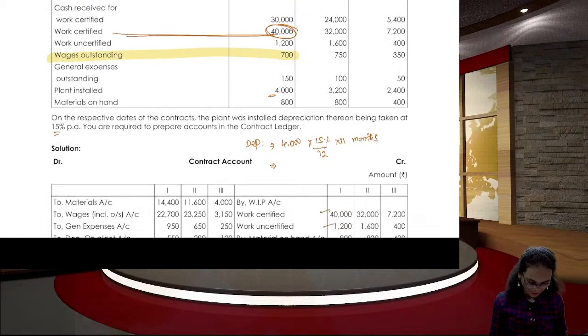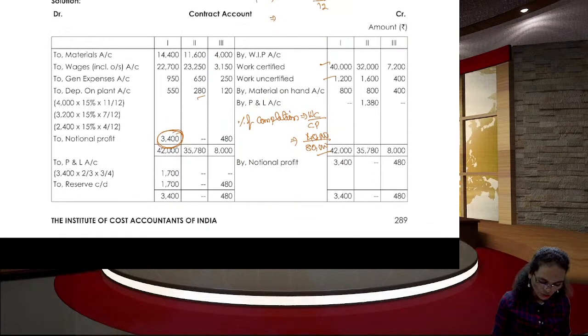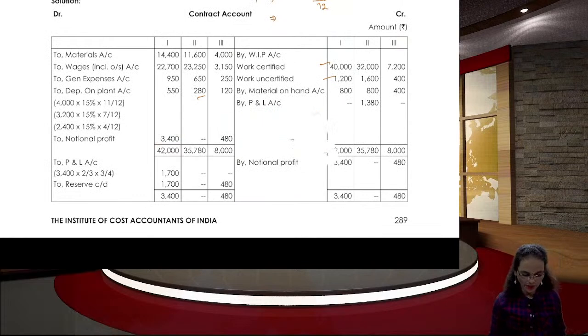Okay. This is a single project, guys. Single project. No further going. So, the entire amount you can take into P&L. The project is finished anyhow. So, this one is done.